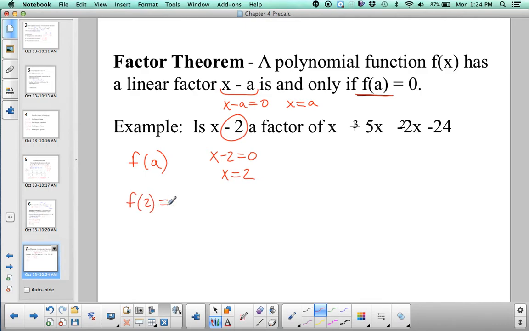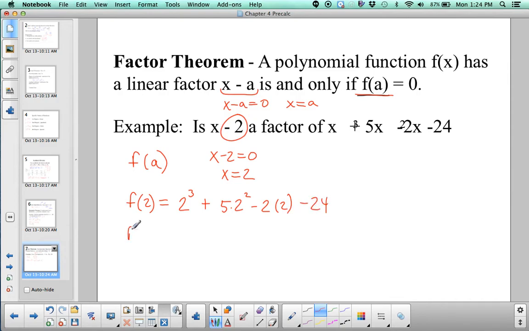If we plug that in for our function, then we get 2 to the third. I don't have to use parentheses here because it is not negative. 2 to the second minus 2 times 2 minus 24.